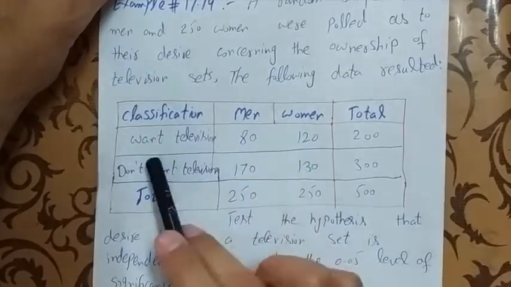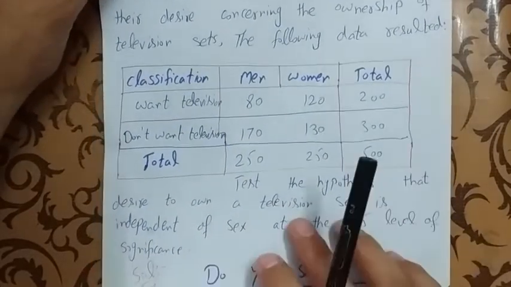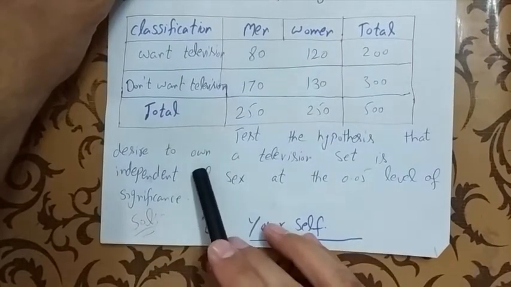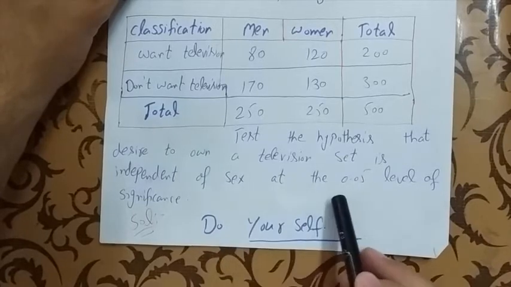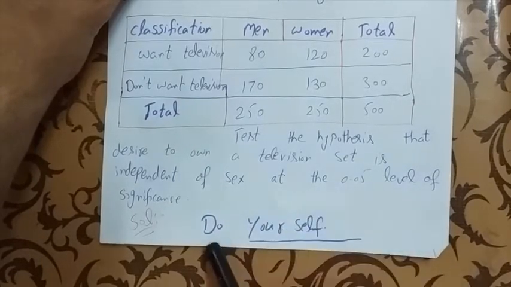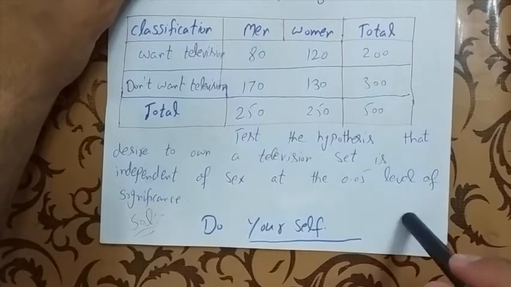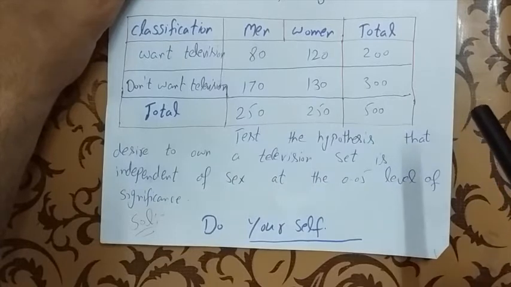This shows the column and this shows the row, and the totals are given in the problem. So test the hypothesis that the desire to own a television set is independent of sex at the 0.05 level of significance. So students, this problem, just like the previous problem, you have to do yourself.